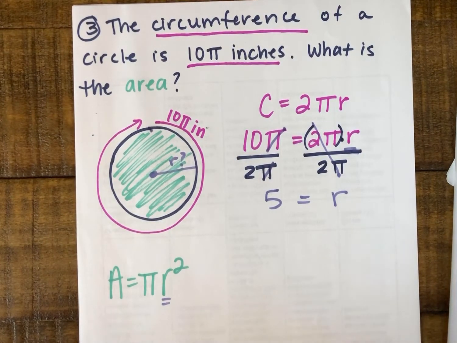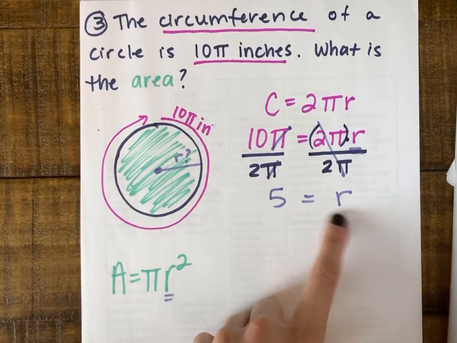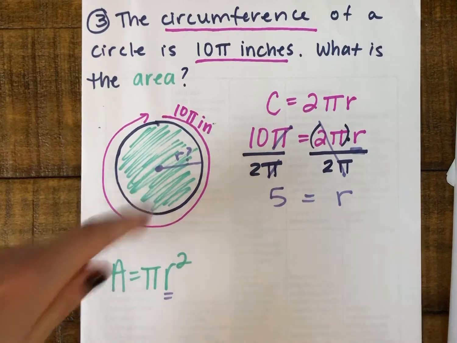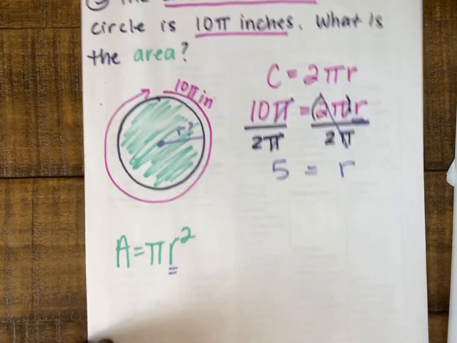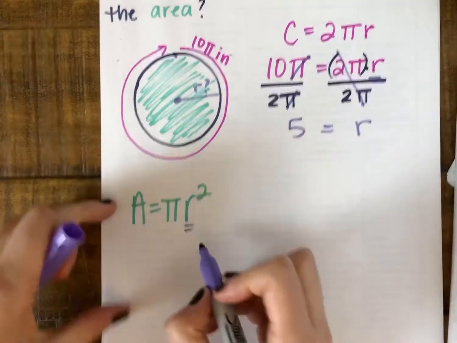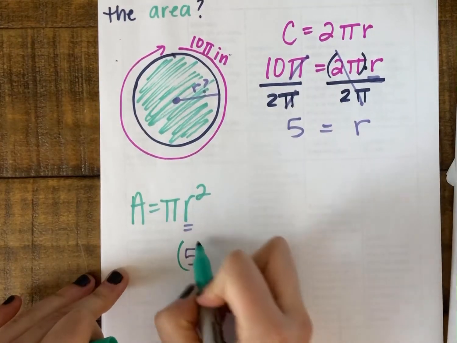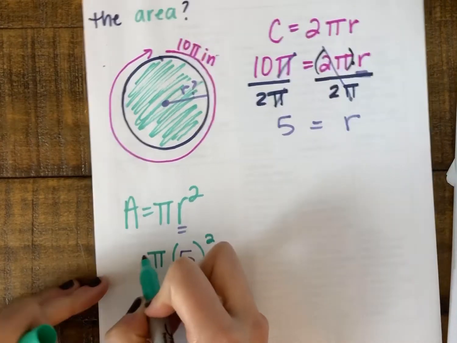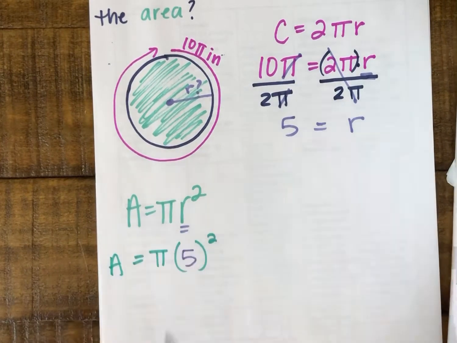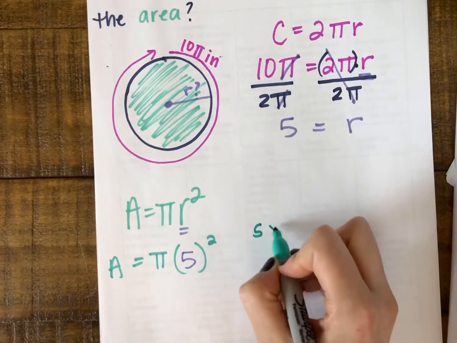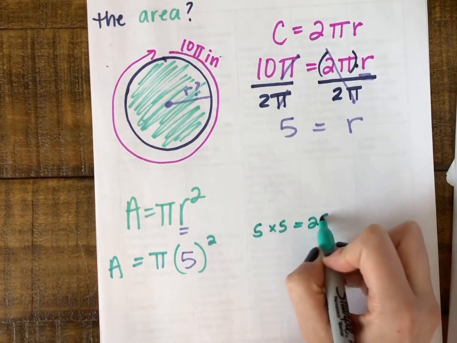So we're halfway there. We figured out the radius, and now we can use that radius to find the area. So down here in my area formula, I'll plug 5 in for my radius. So I will do 5 squared. 5 times 5 is 25.